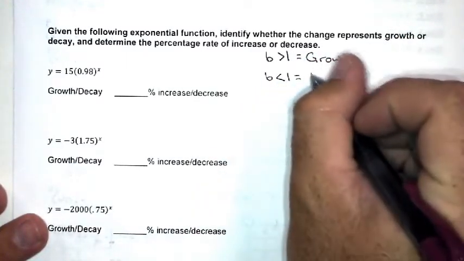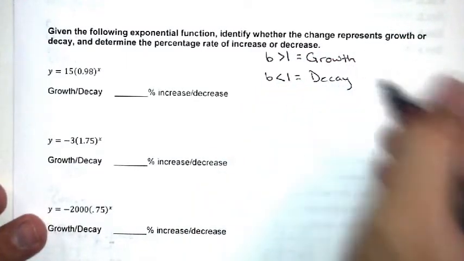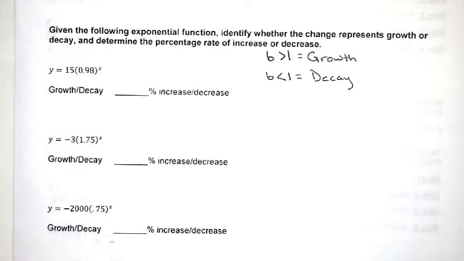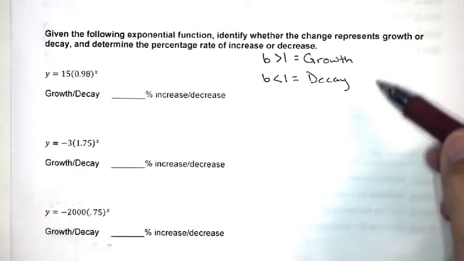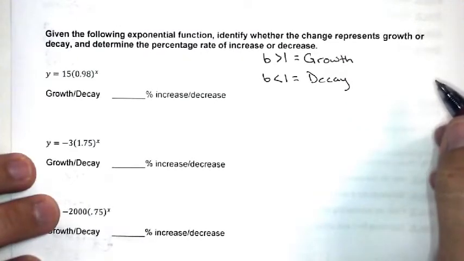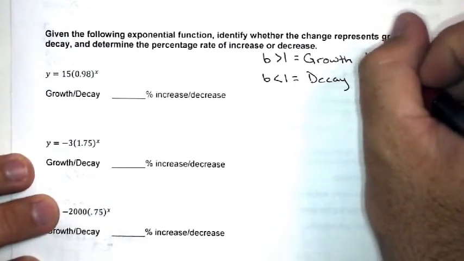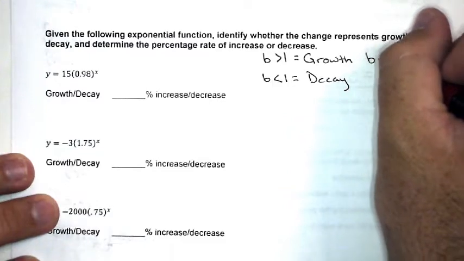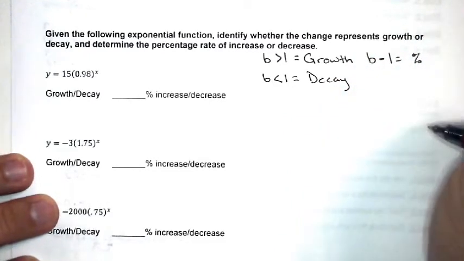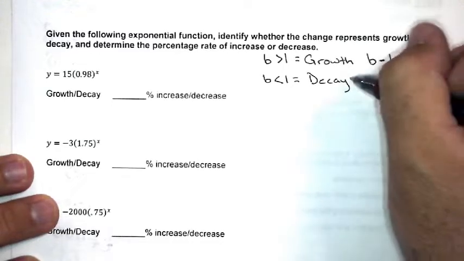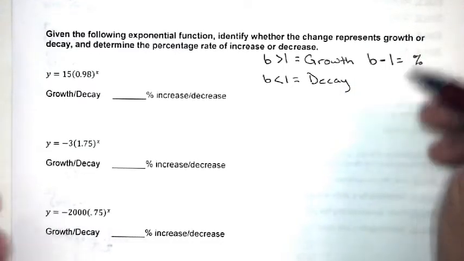Now, when I have a growth, to solve for the percentage, you will do your b value minus 1 to give you your percent. If you have a decay, you will do 1 minus the b value to get your percent.